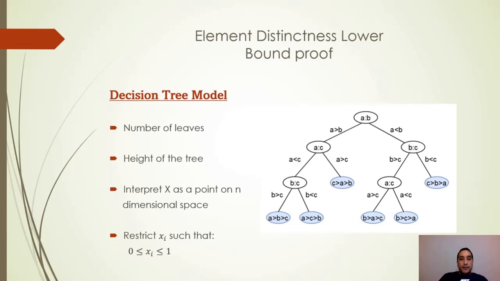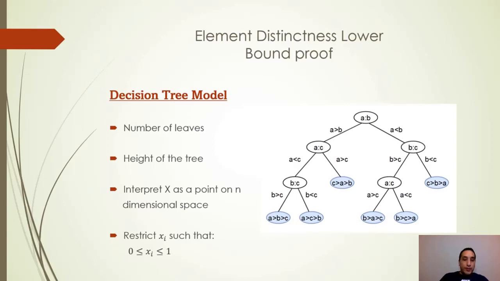And the worst case scenario to find a solution for a sorting problem is going to be traversing the tree model from top to bottom, basically traversing the height of the tree. And the height of the tree is log n factorial, which can be simplified to n log n. And that is the time complexity for the sorting algorithms.